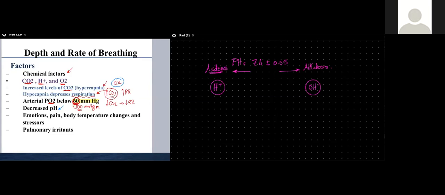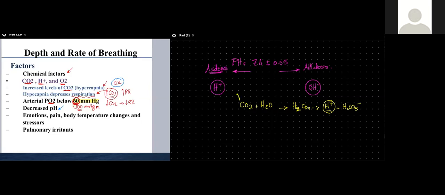Remember, carbon dioxide in your blood is soluble. It's going to be soluble in the form of, any idea? When it dissociates here, it is going to result in the formation of protons.